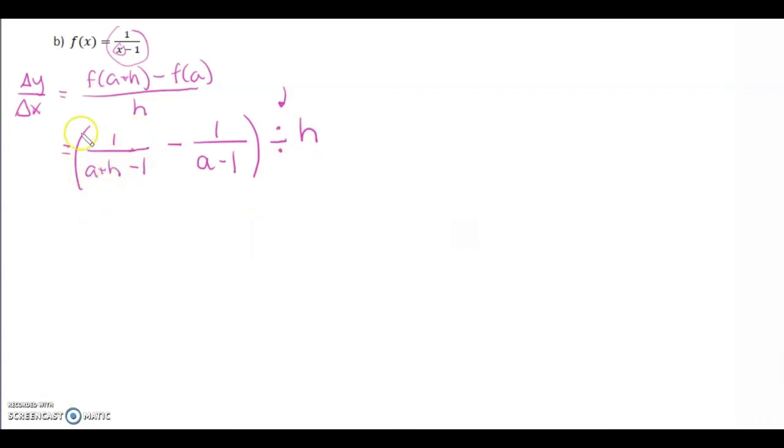So what we're going to do here is find a common denominator. I'm going to take this a minus 1, and multiply both the numerator and this denominator by a minus 1. And then I'm going to take the (a + h) minus 1, and multiply both the numerator and the denominator by (a + h) minus 1.